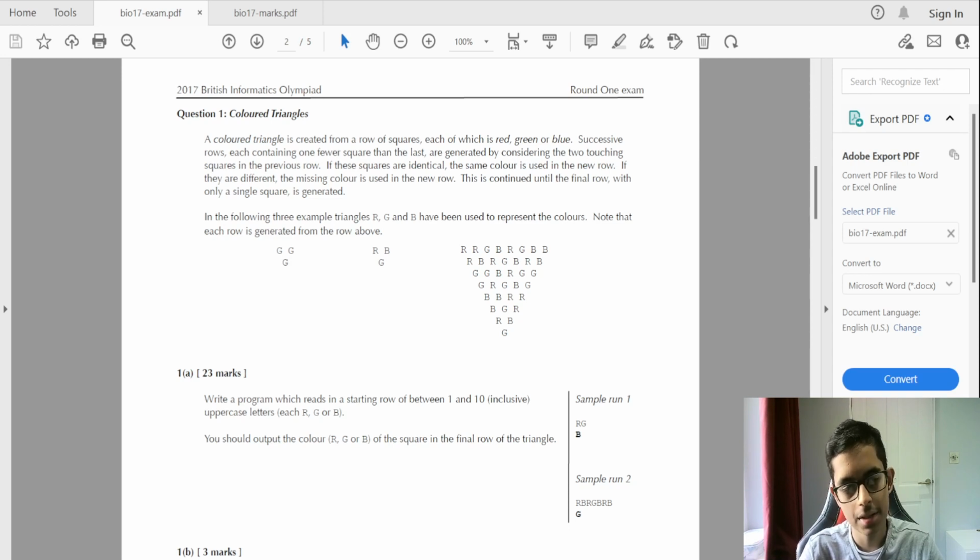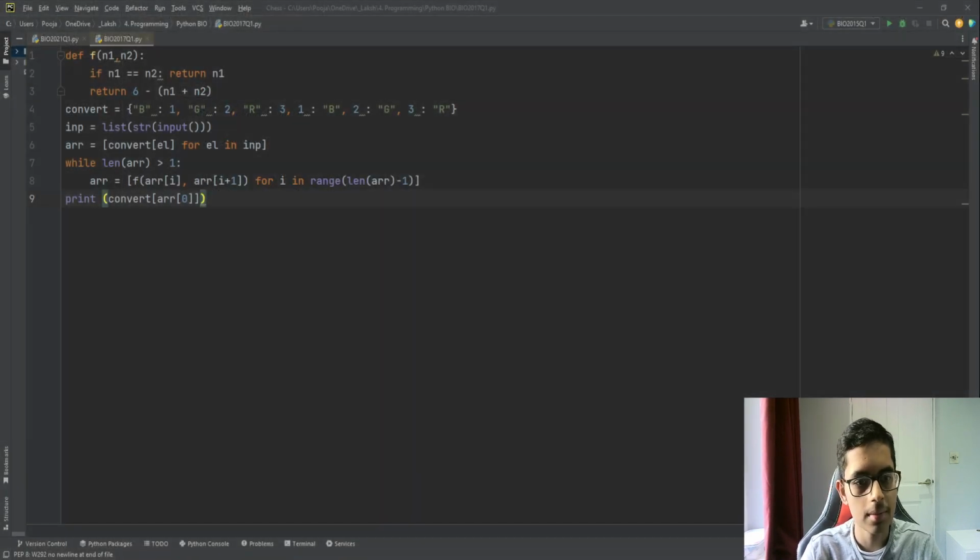So that's pretty much the question, and I'll quickly walk you through my code for it. I basically have this dictionary which converts the characters into their numerical formats. The reason is that 9 times out of 10 it's much easier to work with numbers than with letters in these sorts of questions.